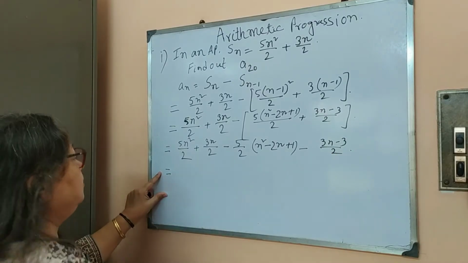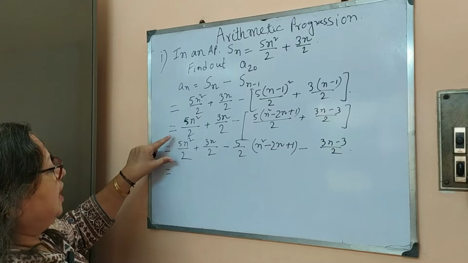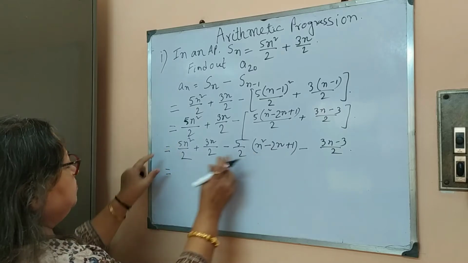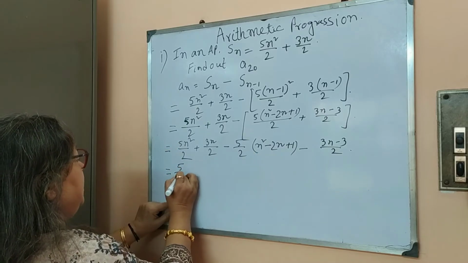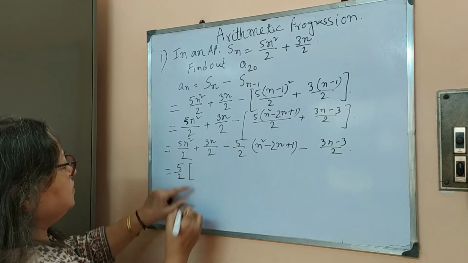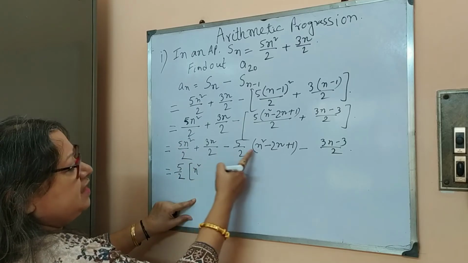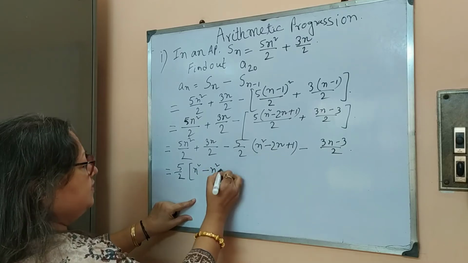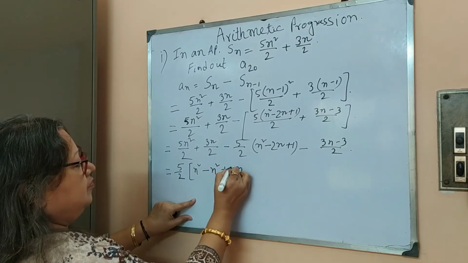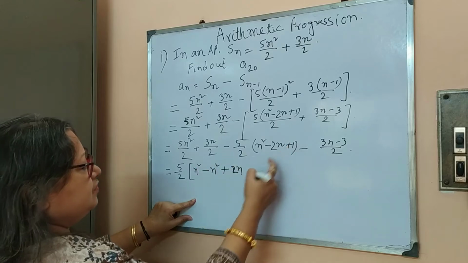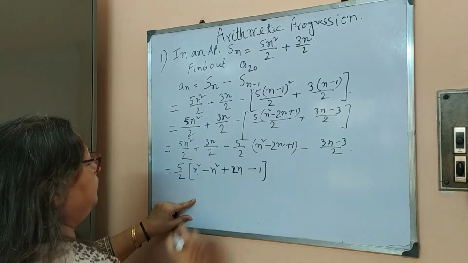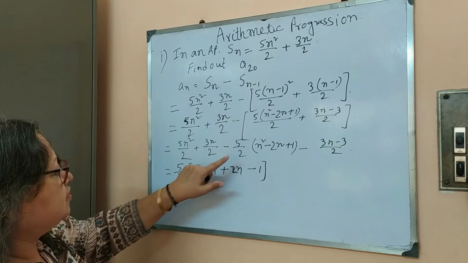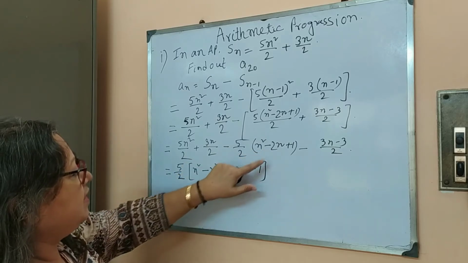This is equal to 5 by 2. I will take 5 by 2 from these two terms. That is 5 by 2 into n square minus n square, minus into minus plus twice n, plus twice n minus 1. N square minus n square plus twice n minus 1.